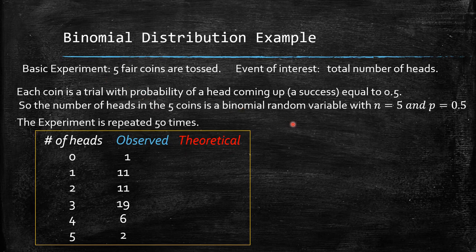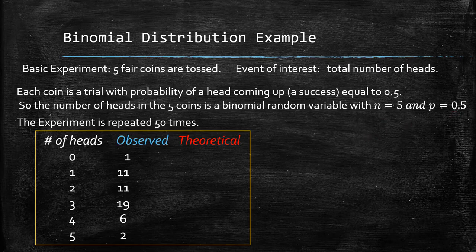Instead, since it follows a binomial random variable, because n is finite, n is 5, and the probability of success is constant for each trial, that is 0.5, I can have the probability of x successes, that is here heads turning up, p of x is nCx p power x, that is half power x, into q power 5 minus x, that is half power 5 minus x.